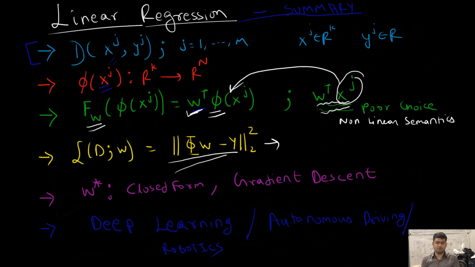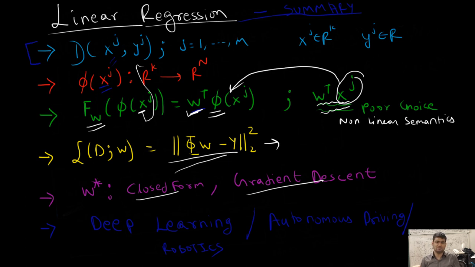So we computed the optimal solution for this kind of functional mapping from input data points xj to the values yj using a closed form solution and the gradient descent solution. So this lecture was about linear regression in machine learning.